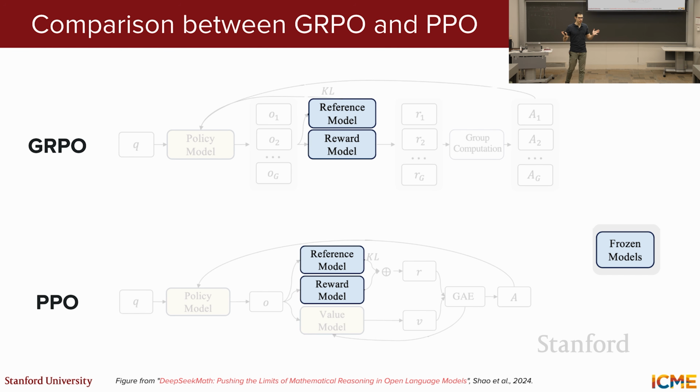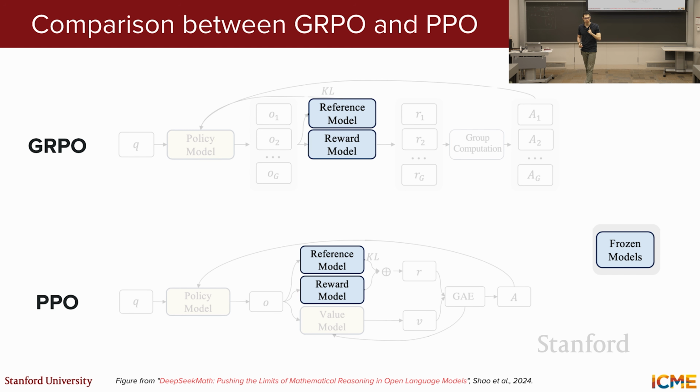So what are the models at stake here? We have some models that are quote-unquote frozen, that are not the ones that we train. For GRPO, we have the reference model that we do the KL divergence on, and then we have the reward model, which we trained in the past. The same is the case for PPO.